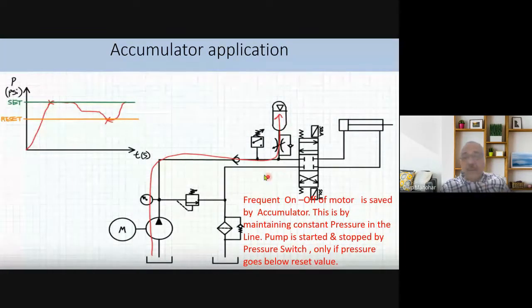If the accumulator had not been there, what would happen? The pump would be required to do frequent on-off based on a set and reset pressure set by the pressure switch. So this frequent on-off is avoided by the accumulator.